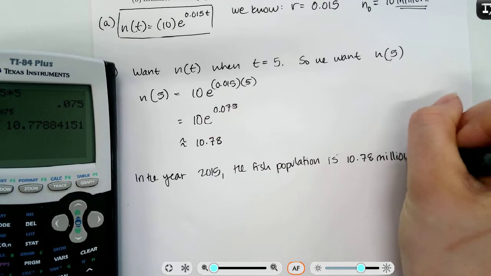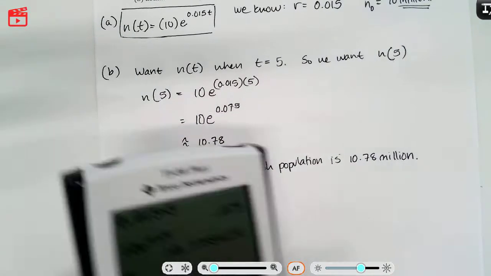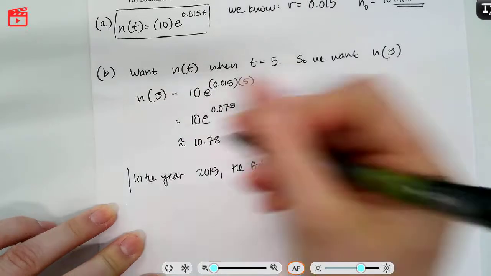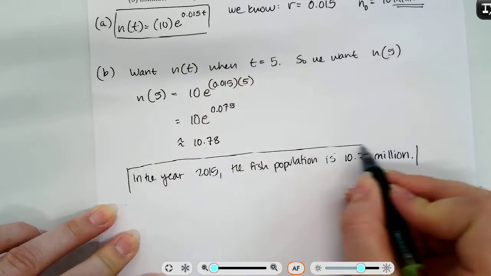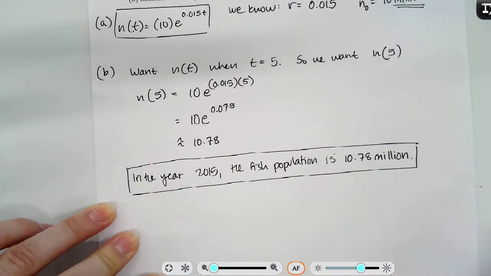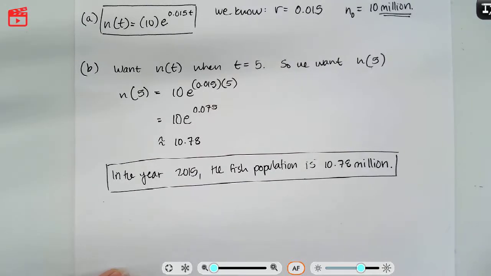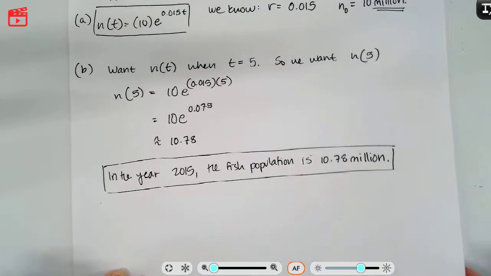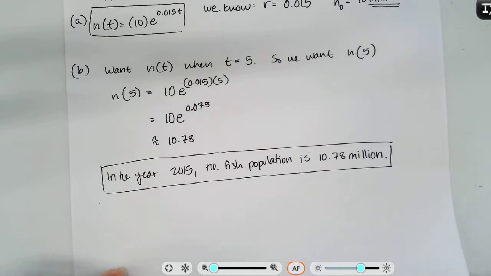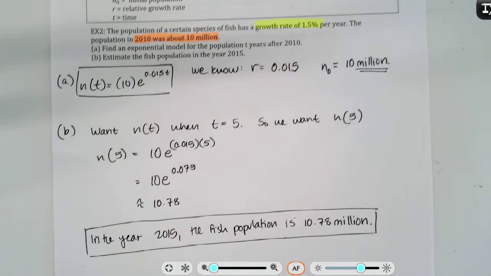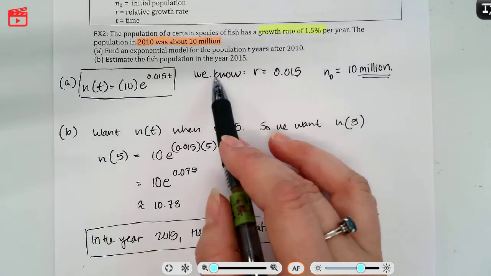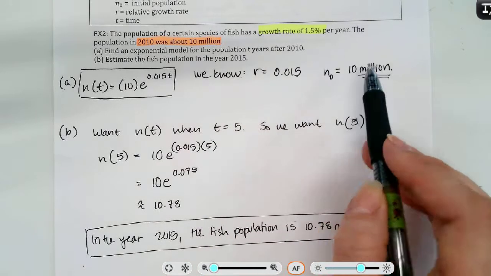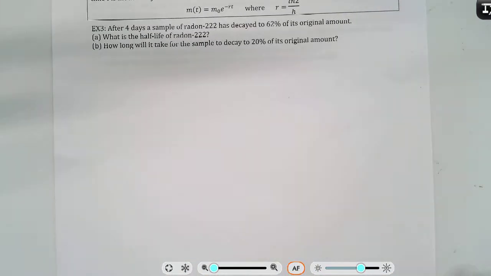Okay, remember we're using the units of million. All right, and there we go. Not too bad. One thing I always find helpful is to circle the given information and write out what we actually know. I find that really helps clarify my work for myself.